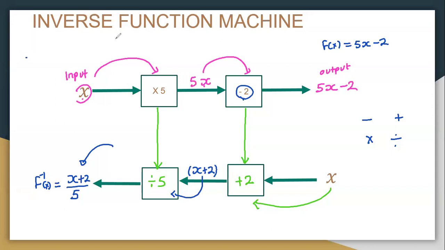My question is, Chair, could you please try to take back the first machine just to be sure I can get x as a single x again?